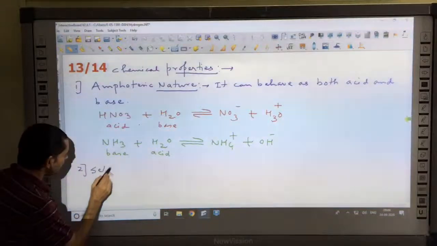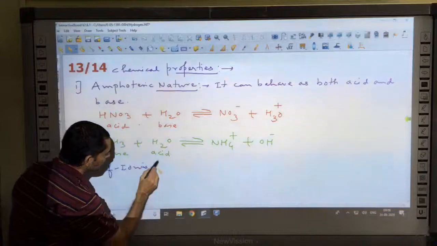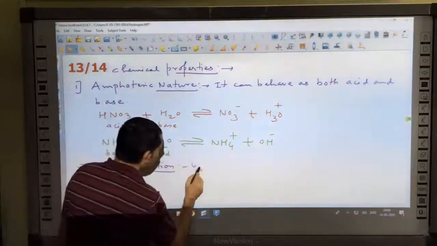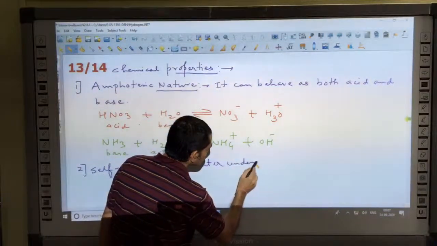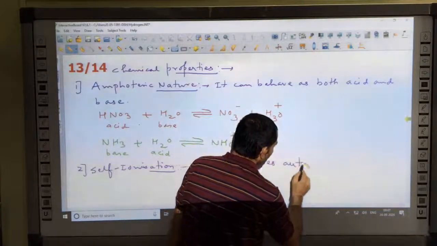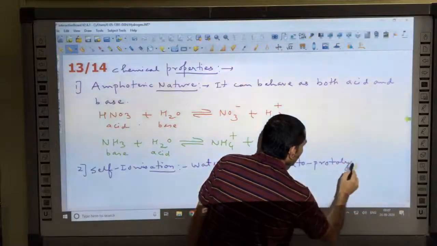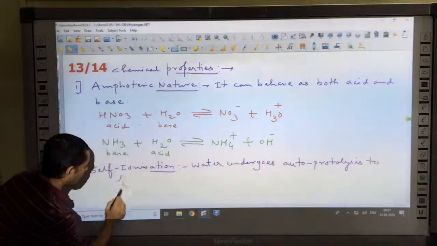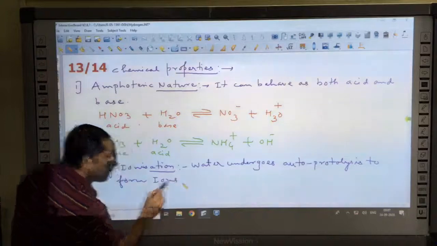Number second, self-ionization. Water undergoes autoprotolysis to form ions.